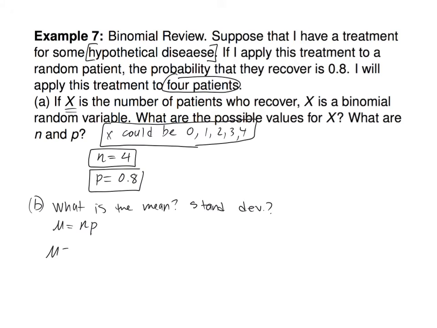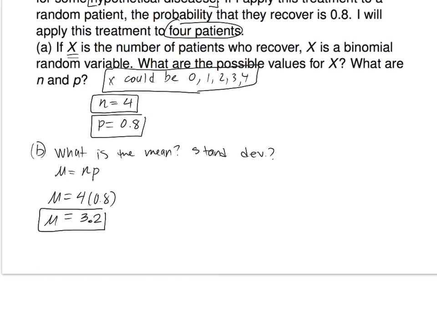So mu is 4 times 0.8, which is how many? 3.2. And this treatment is like 80% effective. So if you do lots of trials, you expect 80% of the patients to recover, right? Which on average is 3.2 out of every 4. That's 80%.